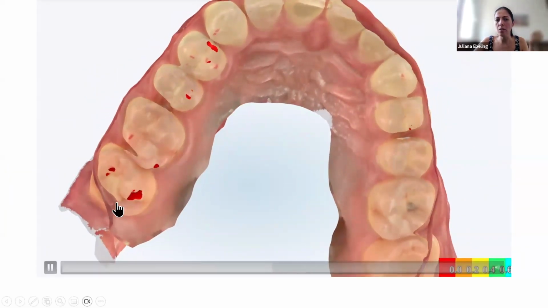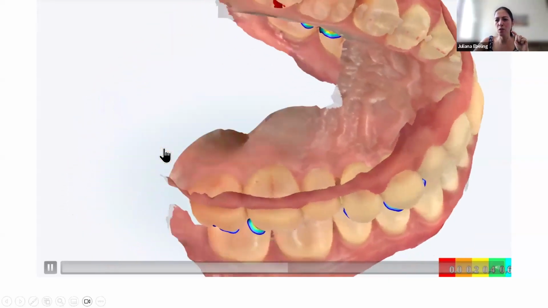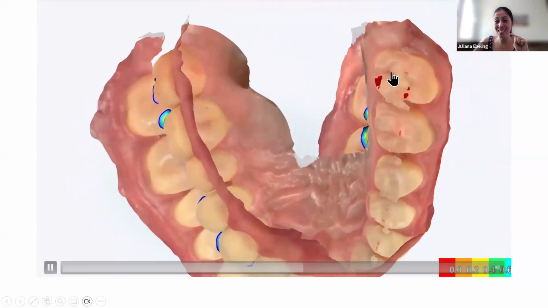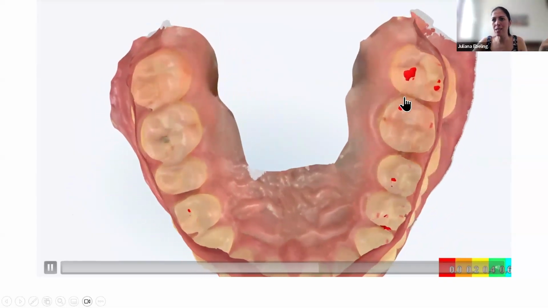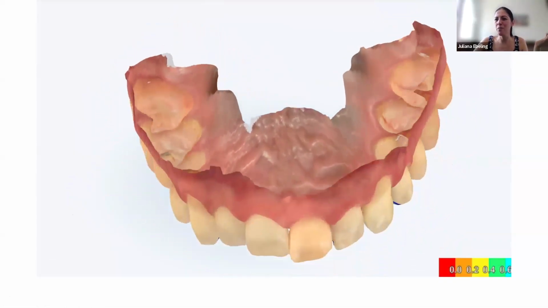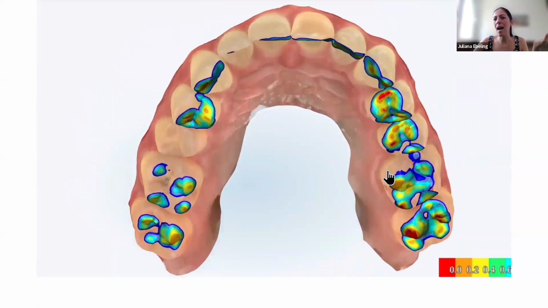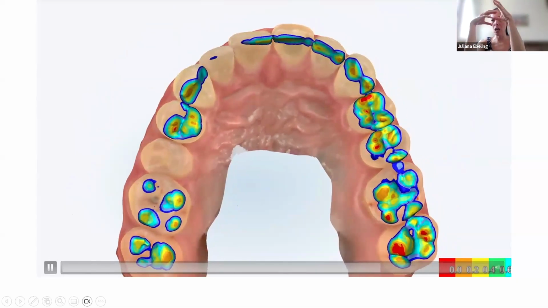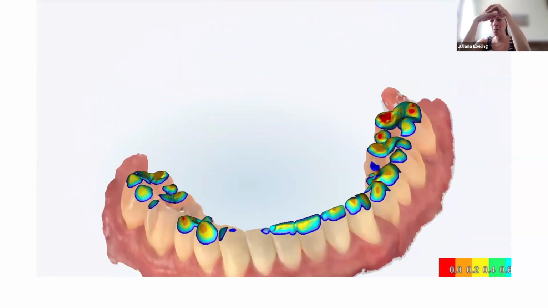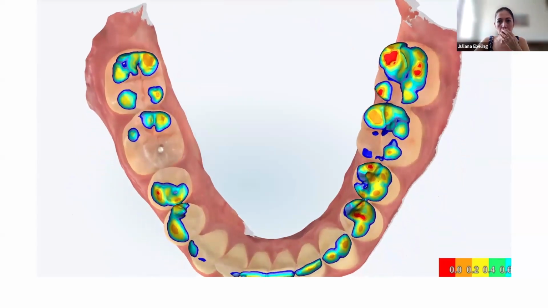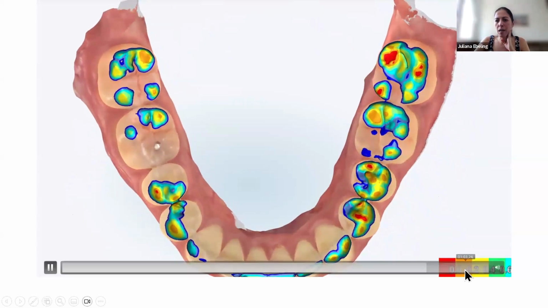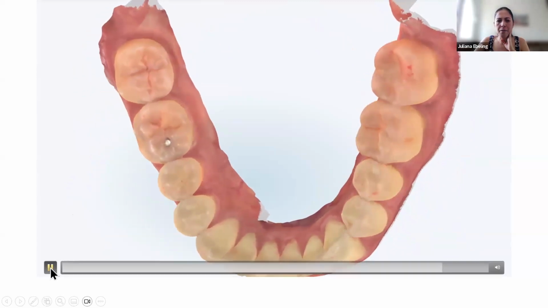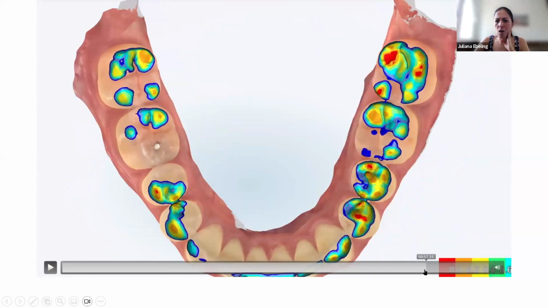And these are the contacts at the end of orthodontic treatment. This is important. This is unacceptable. This is not because the orthodontic treatment was not well done, no, but because I have no good anatomy to reach a stable occlusion. So look, for iTero, I consider only contacts until red and orange.